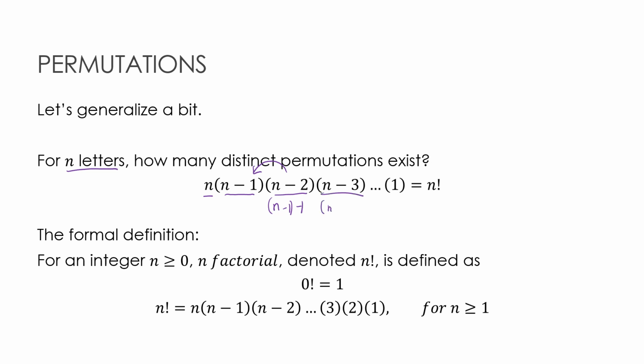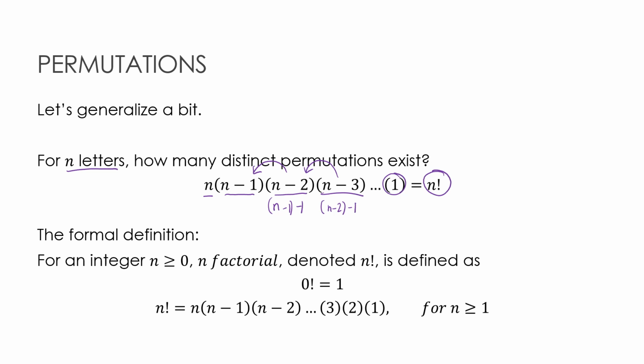This is n minus 2 minus 1 because it's 1 less than I had here, etc., all the way down to when I have 1 last option. We call that factorial, so n factorial. That's what helps us to determine all of the permutations. Again, that's using every single letter.